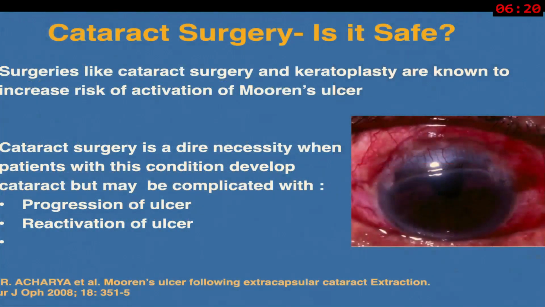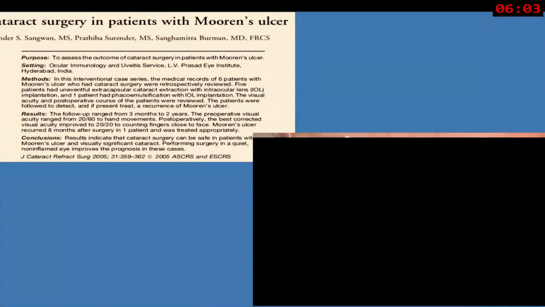Then there was always a question, can cataract surgery be safe? Because in the literature, it's very commonly believed that if you do surgery, it can initiate Moran's ulcer reactivation. I don't think that is really true, and therefore I have been doing cataract surgery in Moran's ulcer from very early on.